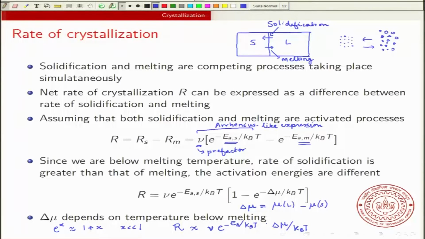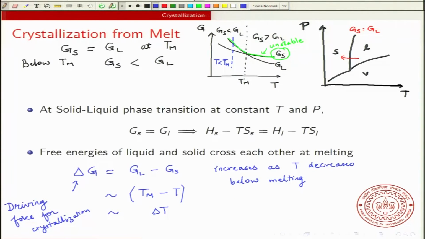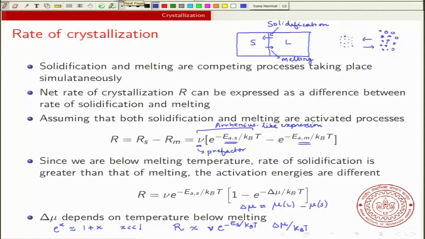And this is a very useful picture. If you go back to what we said in the last slide, the difference delta G, which is G liquid minus G solid, the molar part of which is the chemical potential difference, is a driving force. And in this simple picture, we see that the rate for small temperature differences is proportional to delta mu.